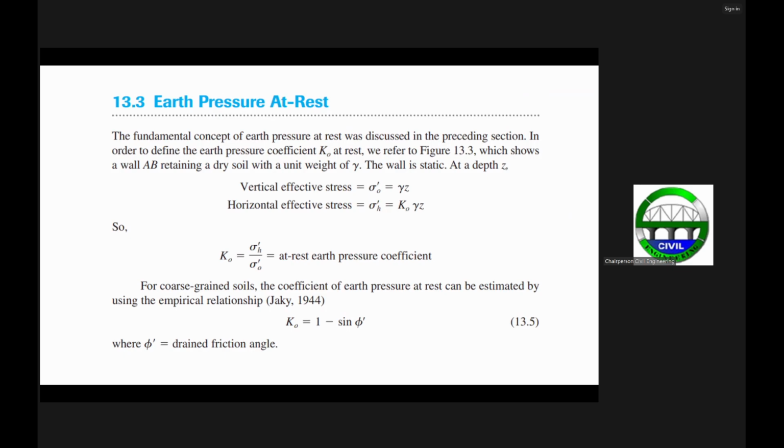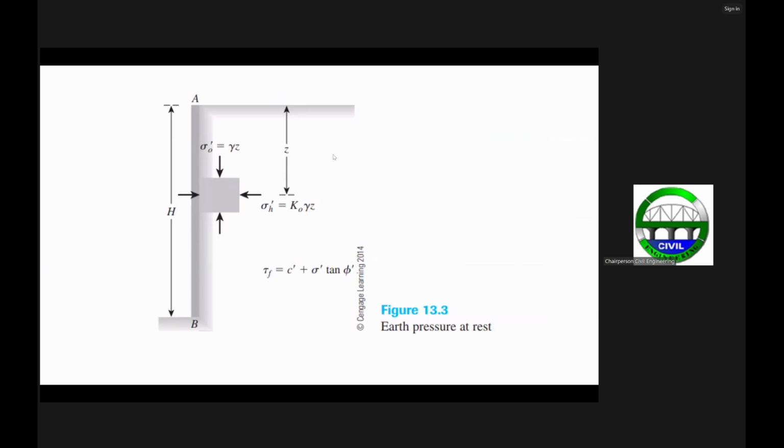Again, your soil has a unit weight. For example, if you look at this soil material here, you have your wall of height h, then you have your overburden stress, then your lateral earth pressure, or the horizontal earth pressure, wherein the horizontal earth pressure is equal to the at-rest earth pressure coefficient multiplied by the overburden stress.